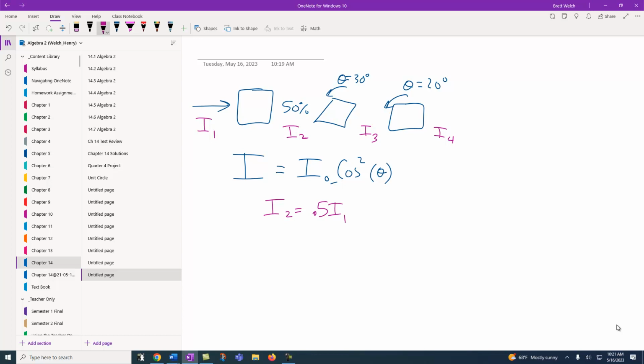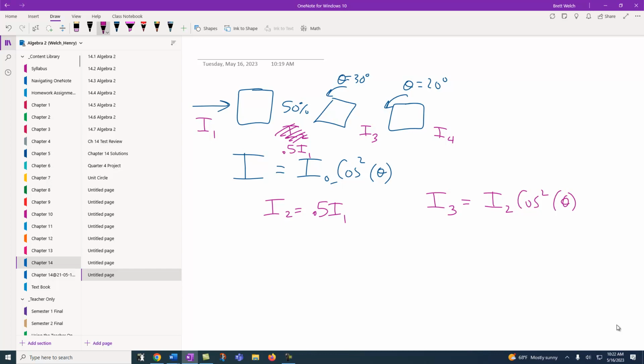Right here, I'm going to replace I2 with 0.5 I1. At every stage, I'm going to replace I3 or I4 with a new value, which is what I'm trying to calculate. To figure out I3, it will equal I2 times the cosine squared of theta. This is what I mean by before and after.